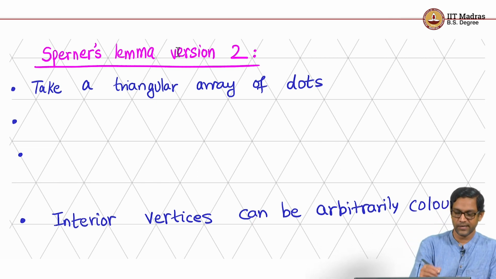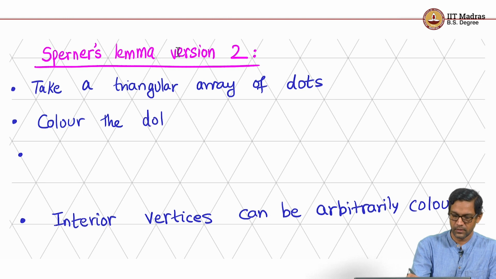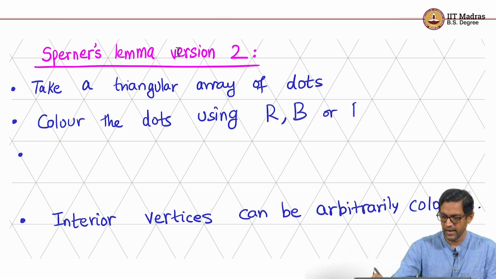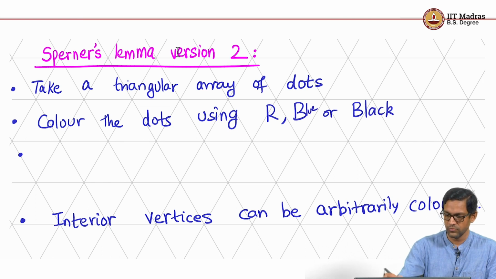Okay, so let us take a triangular array of dots, and let me just say the following: color the dots using any of three colors, red, blue or black. Okay, so here the B is for blue.